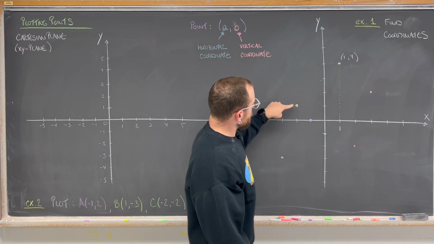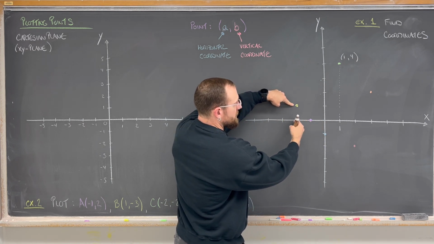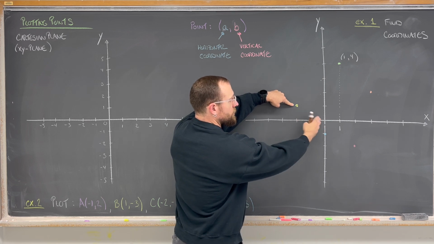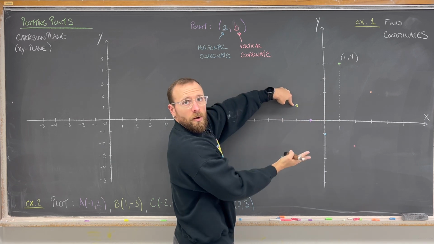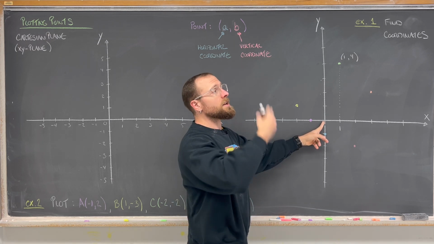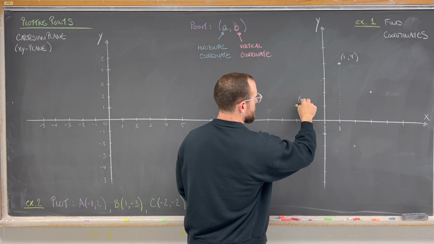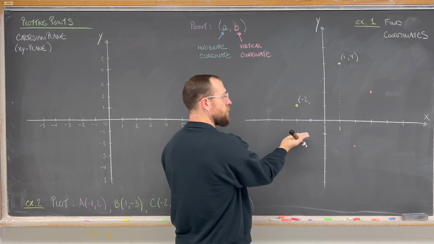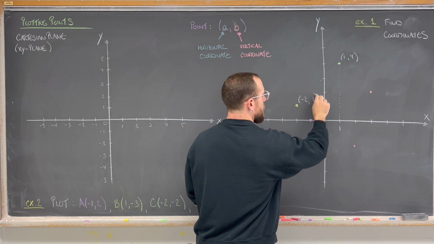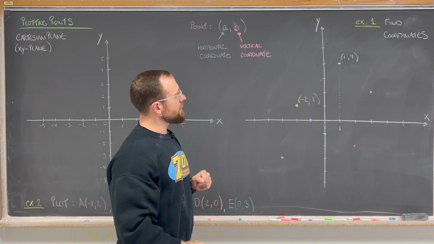Okay? For this one, let's see. This point lies 2 spaces to the left of the origin and 1 space above the origin. All of our positions are measured from the origin. The origin is the center of this plane. And so since it's 2 to the left, it gets a -2. And since it's 1 up, it gets a +1 for the x and y coordinates, the horizontal and vertical coordinates. Okay?